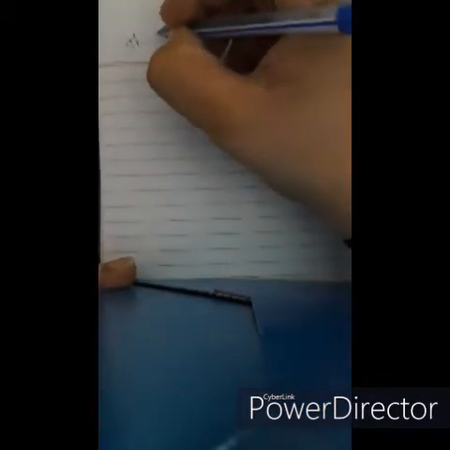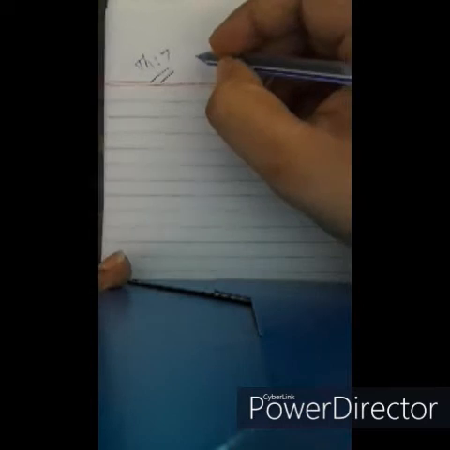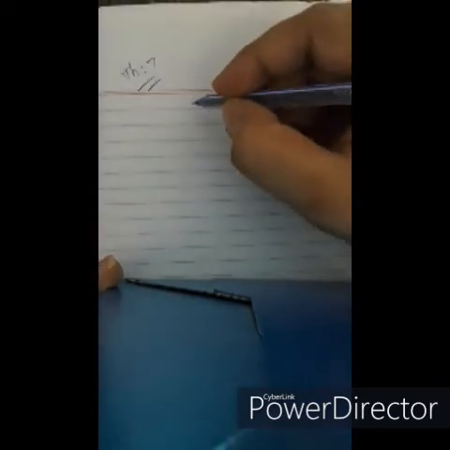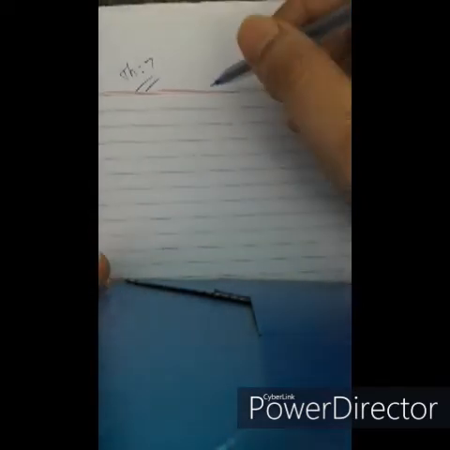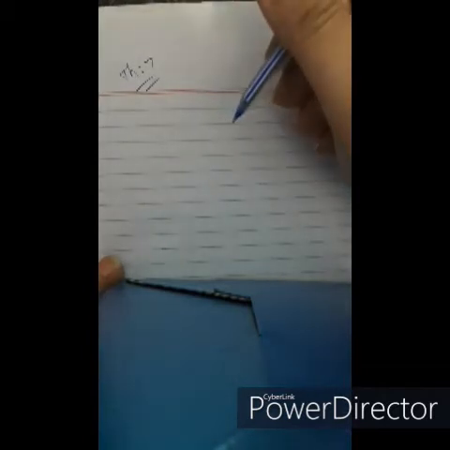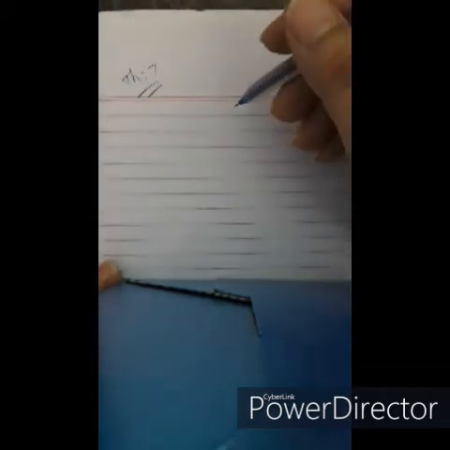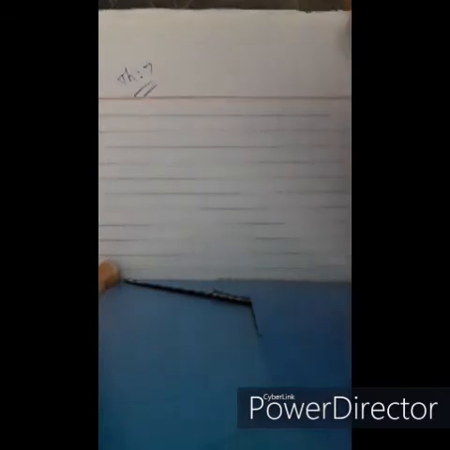Taking a look at the second theorem, that is the converse of the first theorem. That means if a straight line is drawn through the middle point of one side of a triangle parallel to another side, it bisects the third side.